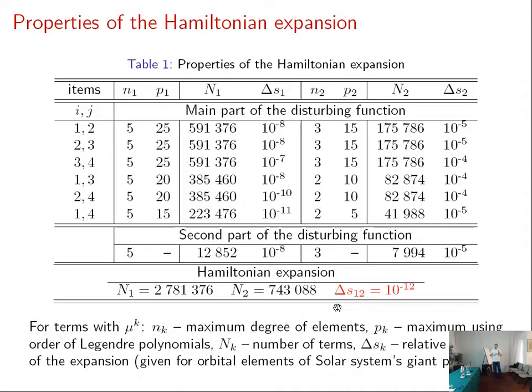It should be noted that the relative accuracy of the Hamiltonian expansion is equal to 10 to the power minus 12. In this case, the relative accuracy is the relative difference between the evaluated Hamiltonian and the evaluated Hamiltonian expansion.